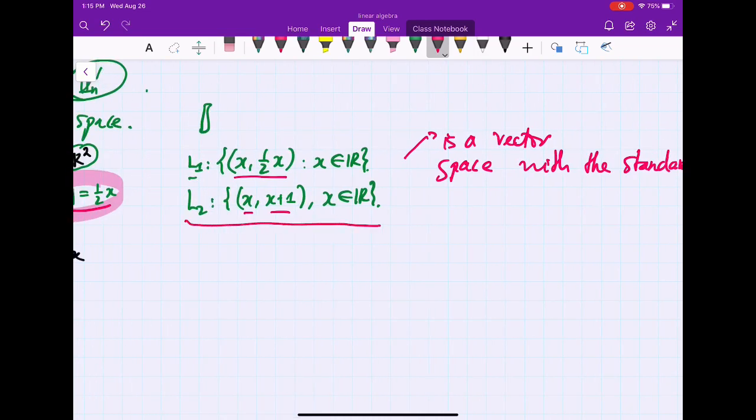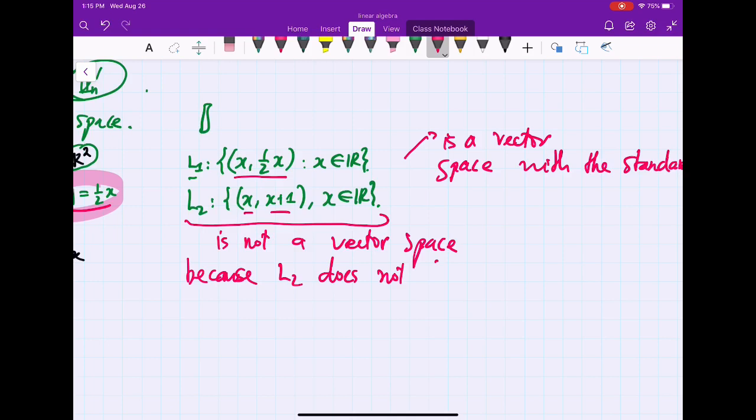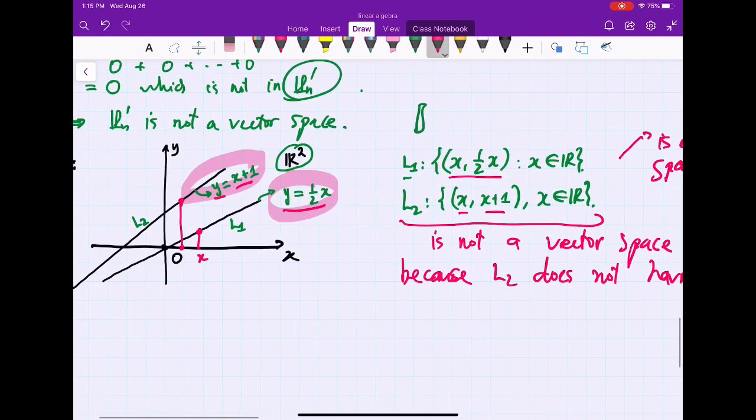Now look at this. L2 is not a vector space. Why? Because L2 does not have 0 vector. Right? Does that make sense?